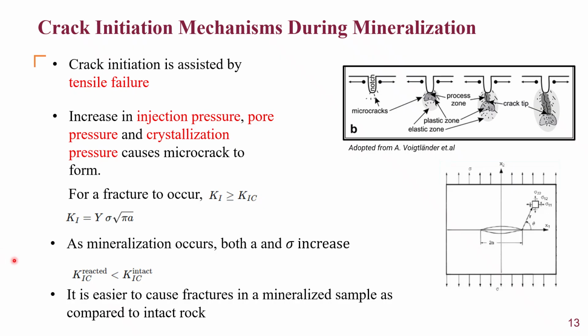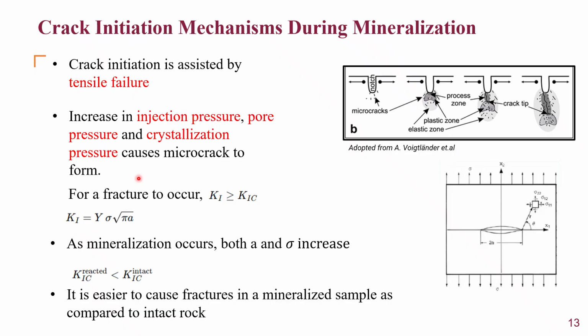Now your Ki, your fracture initiation, is given by Y sigma root of pi A, where A is half of your crack length, your microcrack length. Sigma is your tensile stress, and Y is your geometric correction factor, which is mostly 1 for rocks.